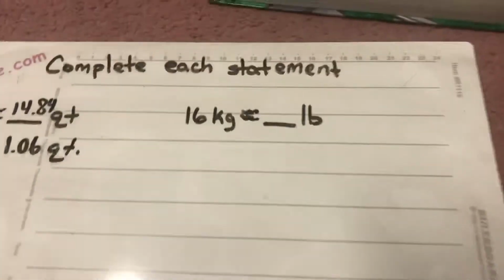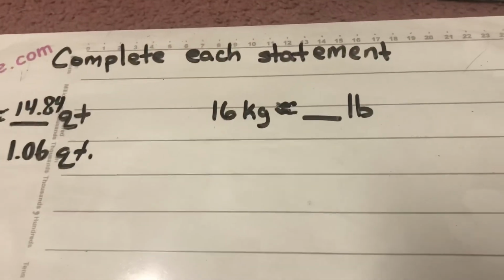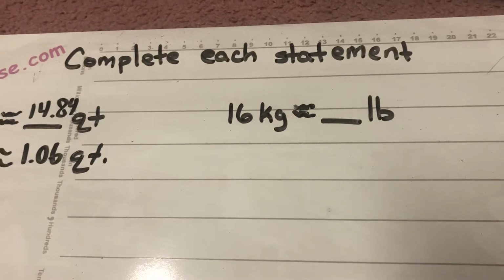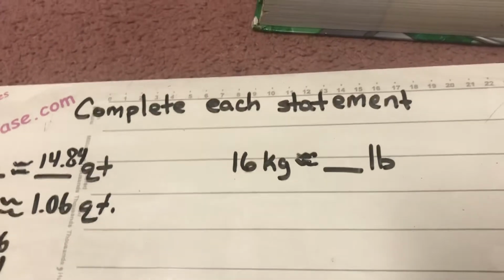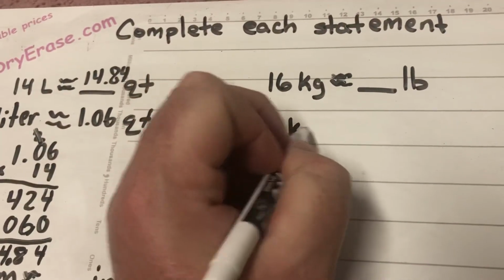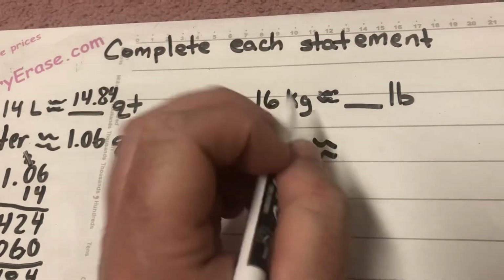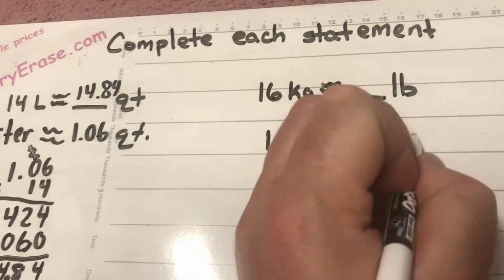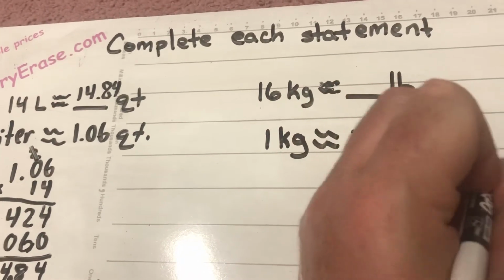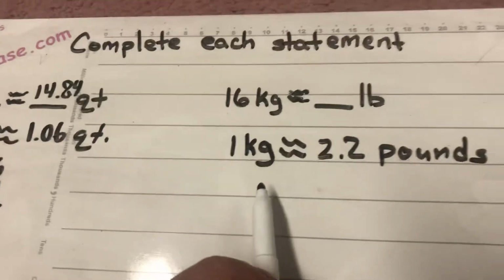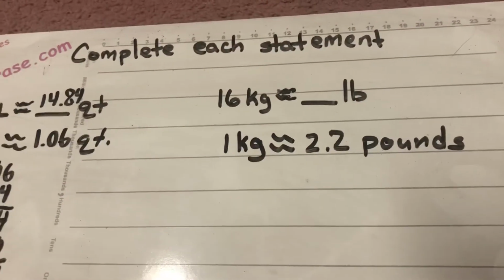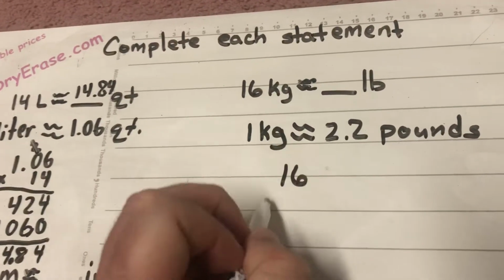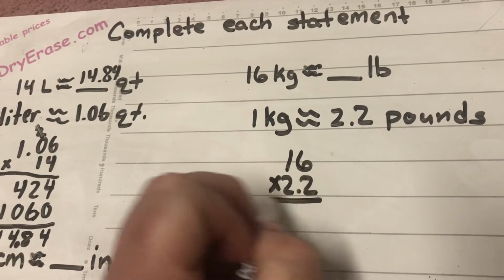All right, let's go to the next one. 16 kilograms is about how many pounds? So once again, I go to my conversion chart and I see that 1 kilogram is approximately 2 and 2/10 pounds. So since 1 kilogram is 2 and 2/10 pounds, but I have 16 kilograms, I need to go ahead and do 16 times 2.2.